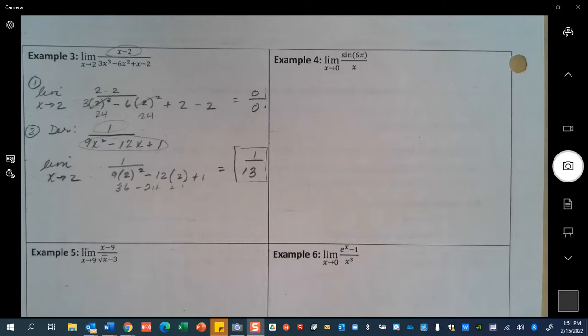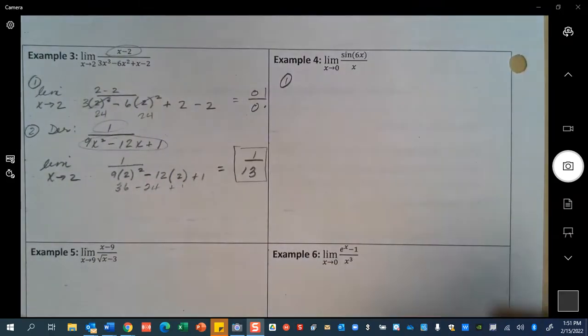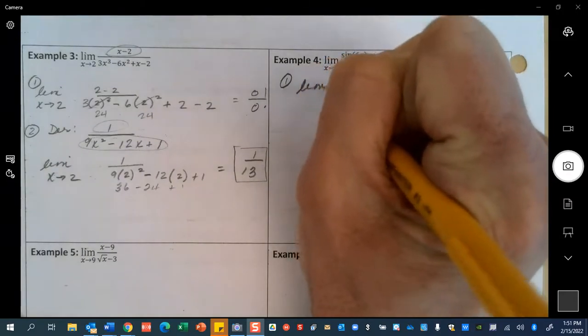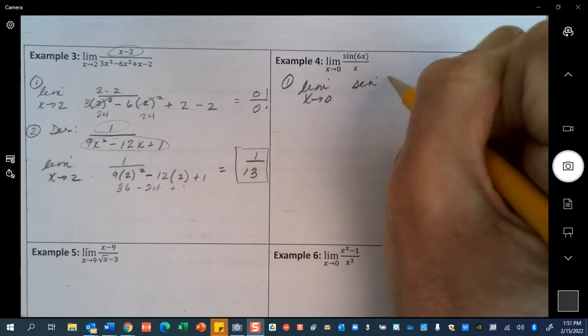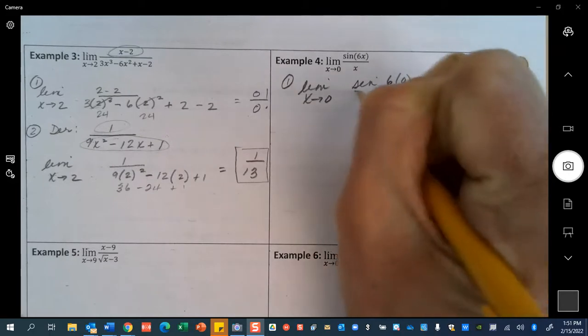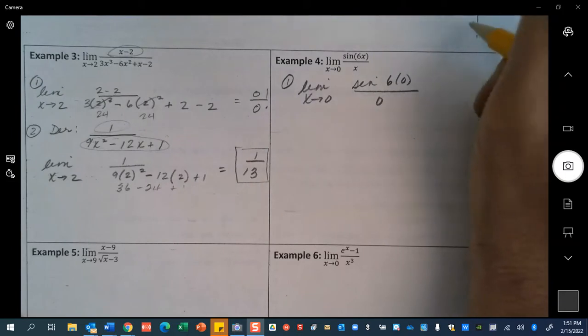All right. For example 4, as I go to find the limit as x approaches 0 of the sine of 6x over x, I get the sine of 6 times 0 over 0, the sine of 0. If I look at my unit circle, here's 0.